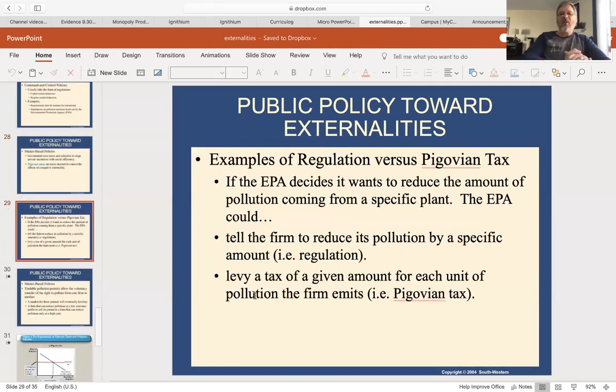So one other type of regulation that we want to talk about a little bit is, there's the Pigovian tax, but there's also, in the case of air quality regulation, and this has been used quite a lot, for the government to set a pollution target and then calibrate the tax so that the firms that are polluting achieve that particular target.